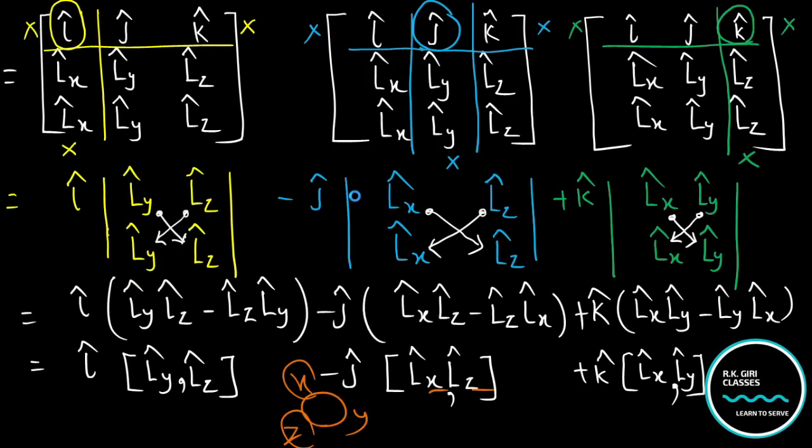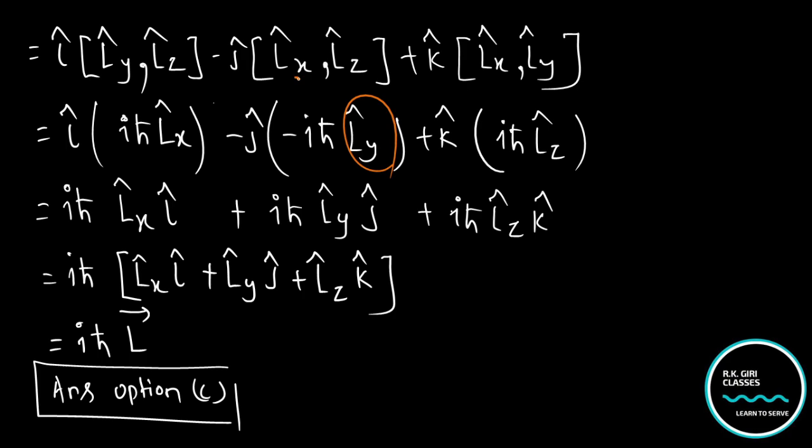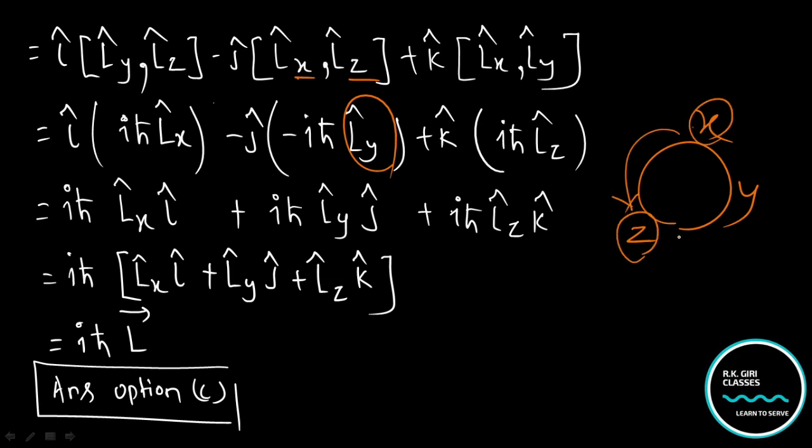Why will this result be LY? Because you are starting with X and Z. X Y Z is fixed. Now you are moving from X to Z, that is in an anti-clockwise manner, and reaching towards Y. Since we are moving in the anti-clockwise direction, there will be minus iħ.